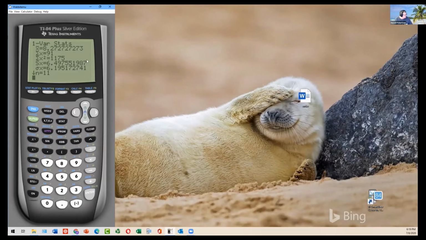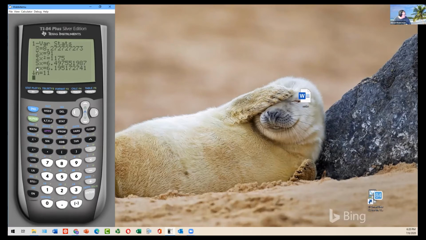See this guy here? That is the standard deviation. In this particular case, the standard deviation is roughly 6.5.